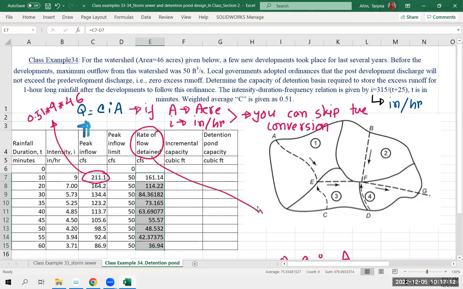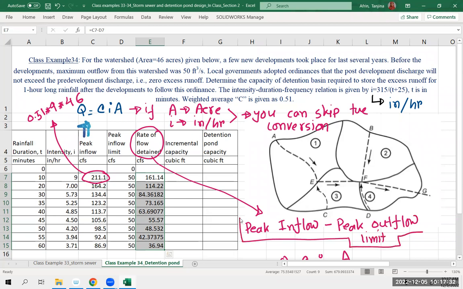That one will be peak inflow minus peak, that should be peak outflow limit actually. This one. Okay.